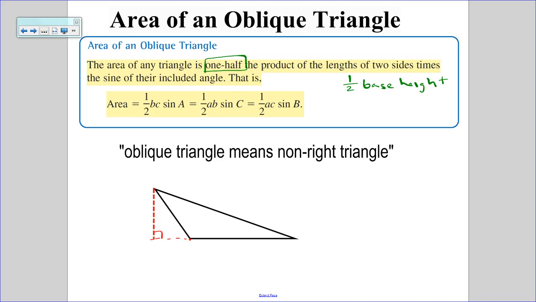So just for our purposes, I'm going to call this angle A. I'm going to call this side B and side C. OK.